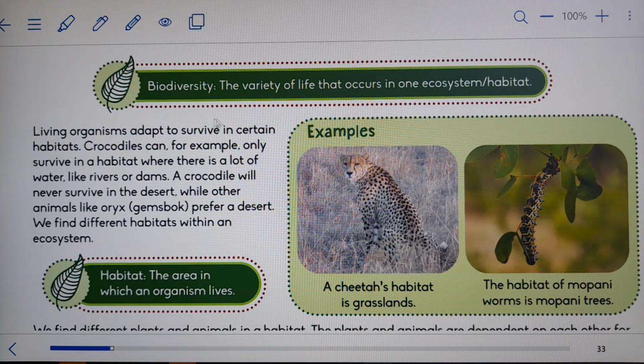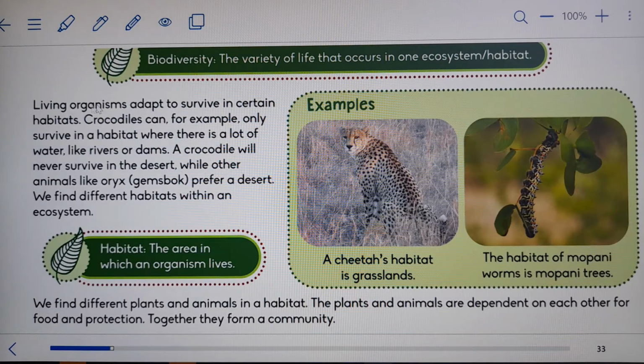And we have biodiversity. They say biodiversity is the variety of life that occurs in one ecosystem or habitat. Living organisms adapt to survive in certain habitats. For example, crocodiles can only survive in a habitat where there is a lot of water, like rivers or dams.